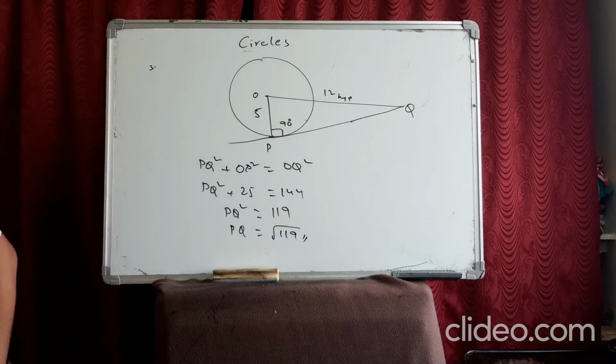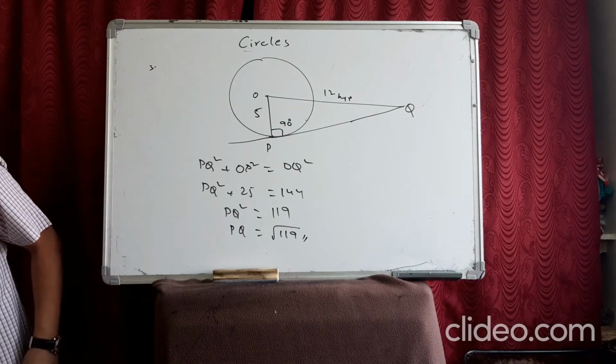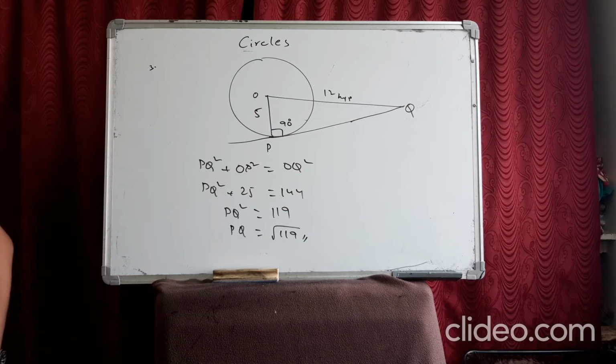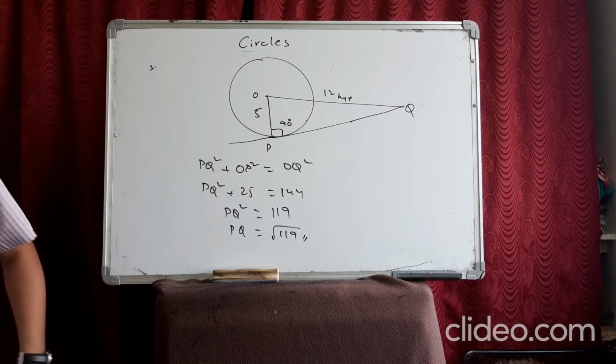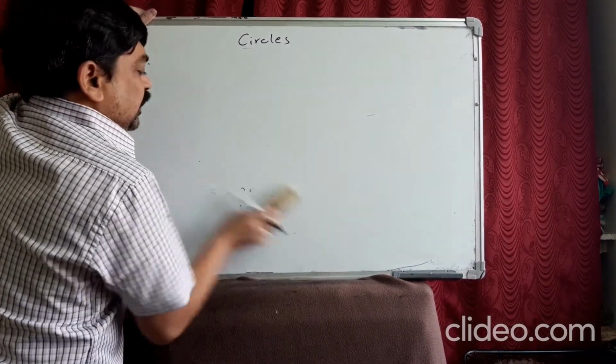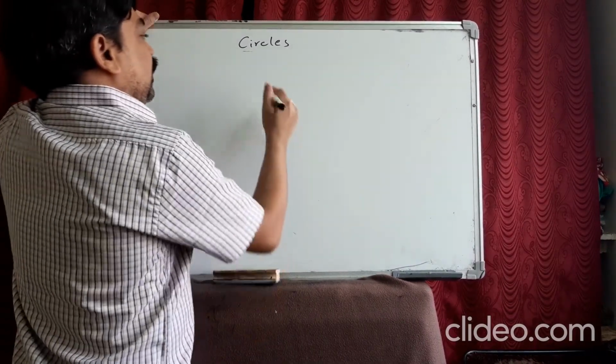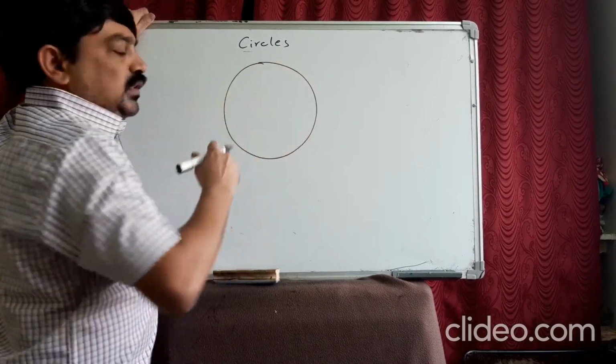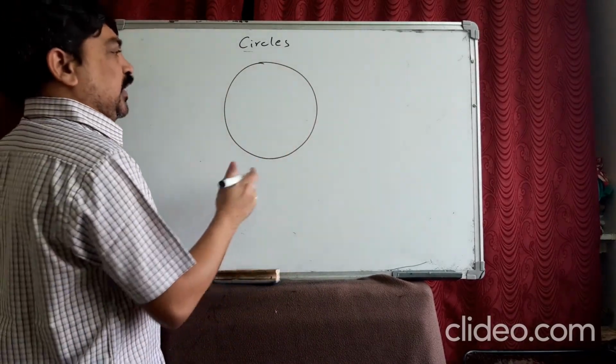Draw a circle and two lines parallel to a given line, one a tangent and one a secant line. See, next question, last question, what did they say? They told us, draw a circle. They want two parallel lines.